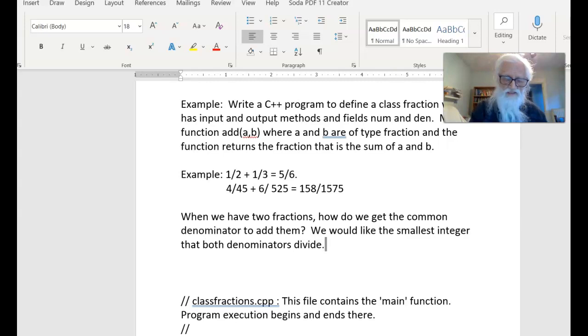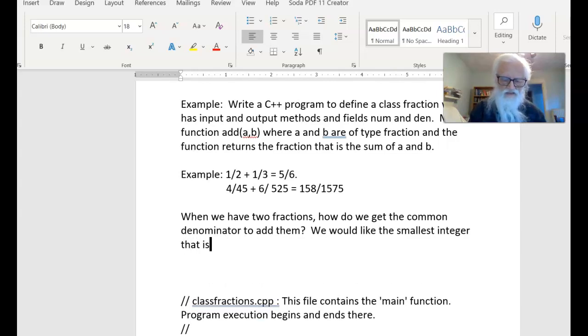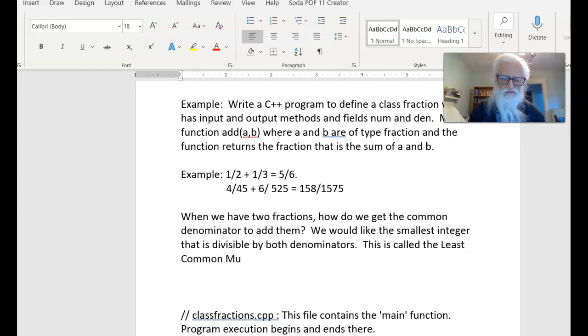In other words, let's write it this way: the smallest integer that is divisible by both denominators. This is called the least common multiple, or LCM.